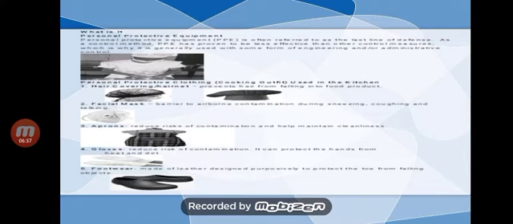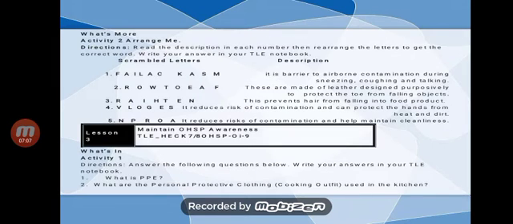As a control method, PPE is proven to be less effective than the other control measures, which is why it is generally used together with some engineering and or administrative controls. Personal protective equipment, a cooking outfit used in the kitchens: we have a hairnet and apron, facial mask and apron, gloves, or the footwear. So those are the PPE.